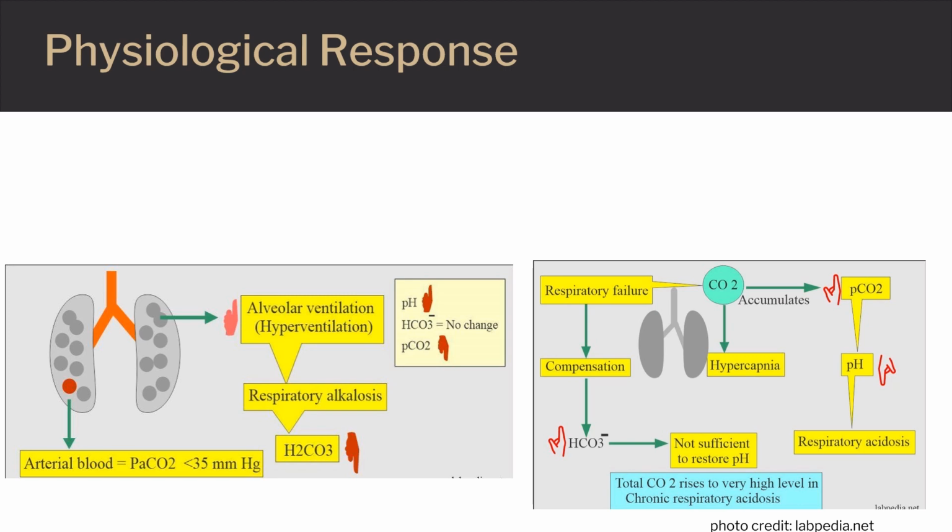The lungs normally excrete the volatile fraction through ventilation, and acid accumulation does not occur. A significant alteration in ventilation that affects elimination of CO2 can cause a respiratory acid-base disorder. The PaCO2 is maintained within a range of 35 to 45 mmHg in normal states.